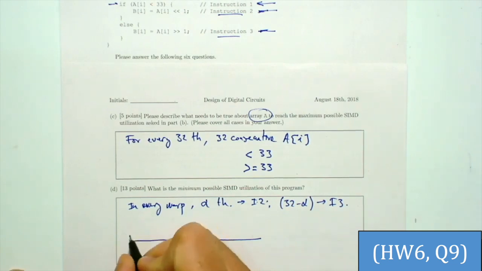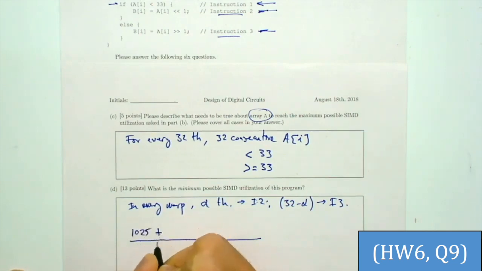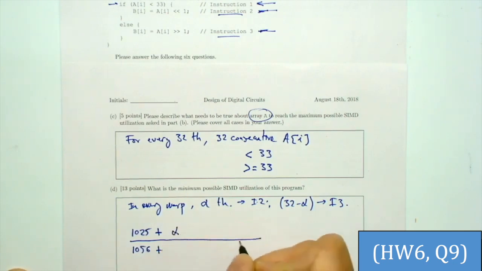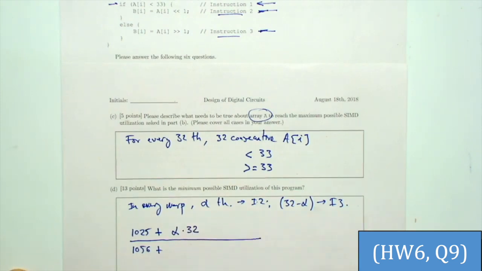For the first instruction, we already know that 1025 threads will execute instruction 1 out of 1056. And then we have instruction 2, and we know that alpha threads in each warp will execute it. We have 32 complete warps. I'm talking only about the complete warps.